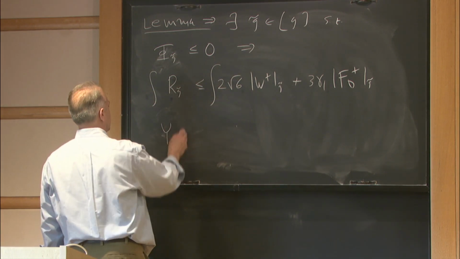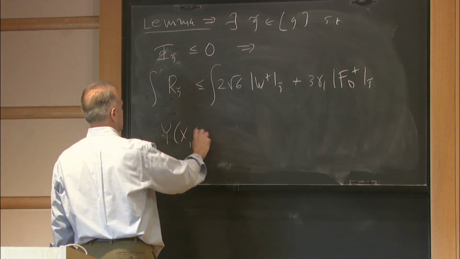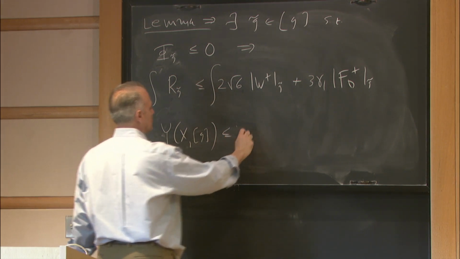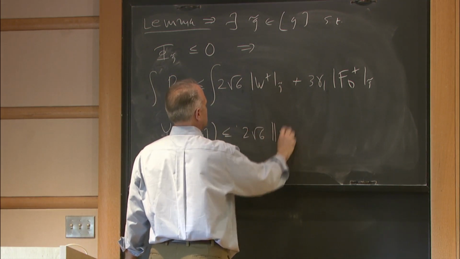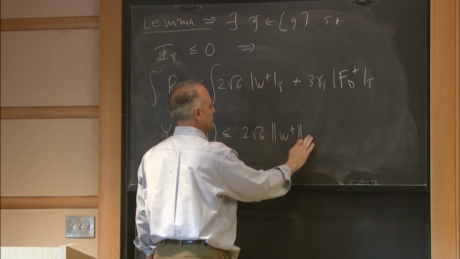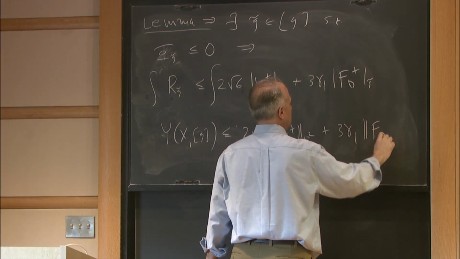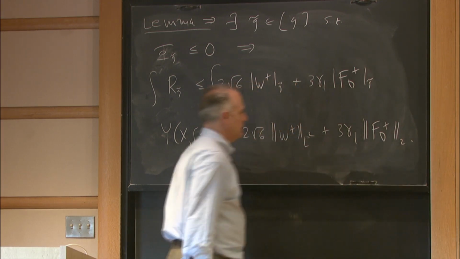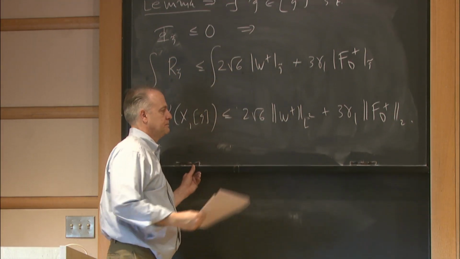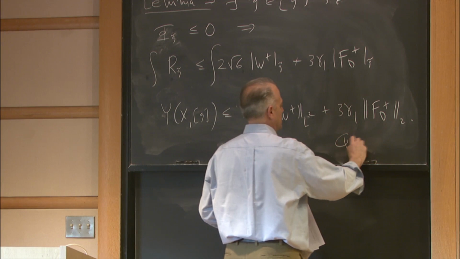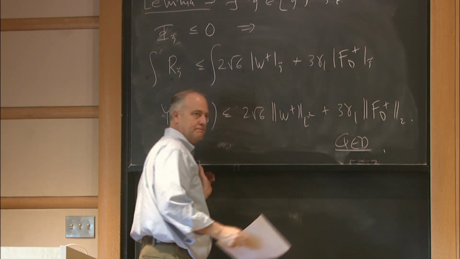So on the left-hand side, you end up with the Yamabe invariant of your manifold. Over here, I get 2 root 6 L2 norm of Weyl, and then 3 gamma 1 L2 norm of F plus. So that proves theorem A.